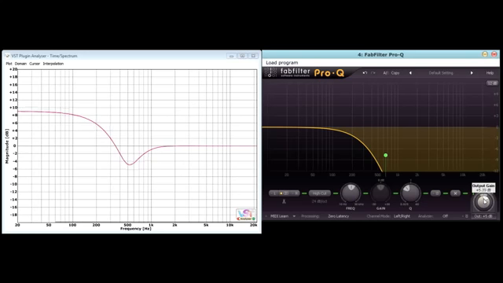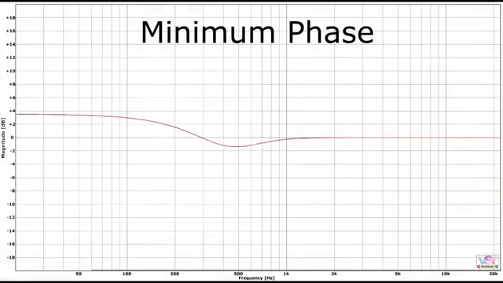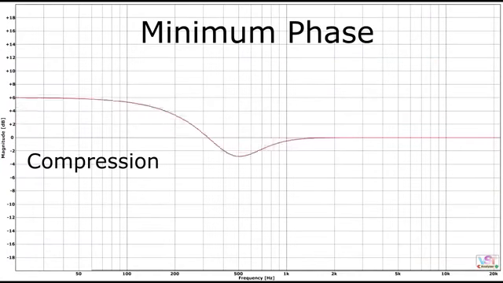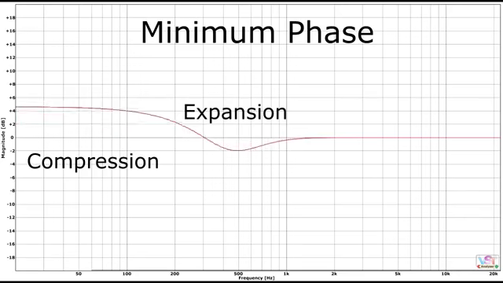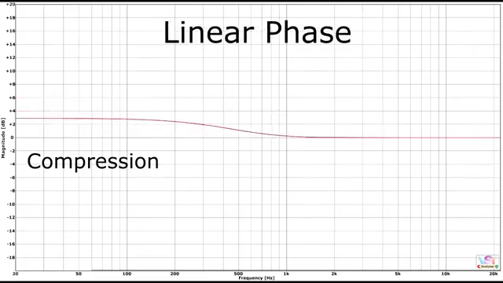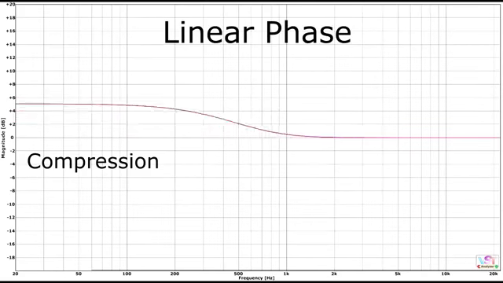In other words, we've created an upward compression effect for the low frequencies, and also a downward expansion effect for the mid frequencies above it. In linear phase mode, however, there is no downward expansion of the mids. We are now just purely compressing the low end.